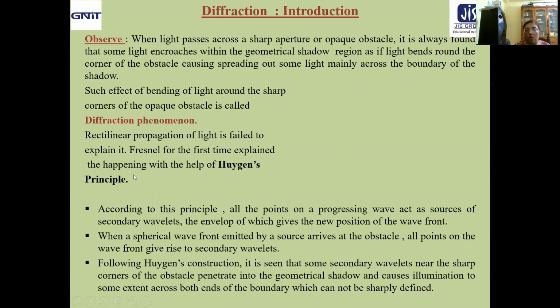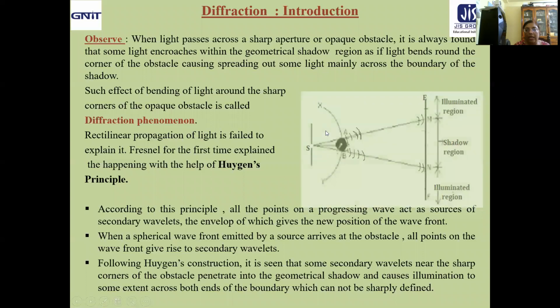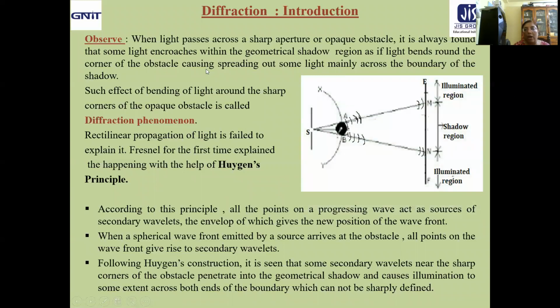Now, before going to Fresnel's explanation, let us first take a look at the bending. For that purpose, we are considering this figure where S is a point source from which light is falling, and here we have AB, an opaque obstacle, and this is the screen EF.